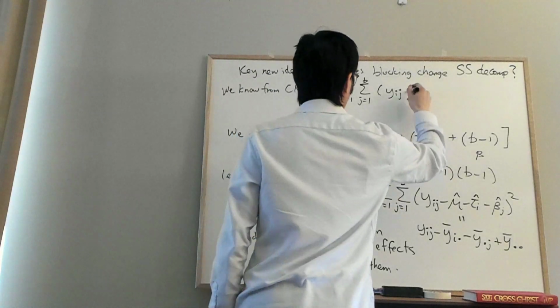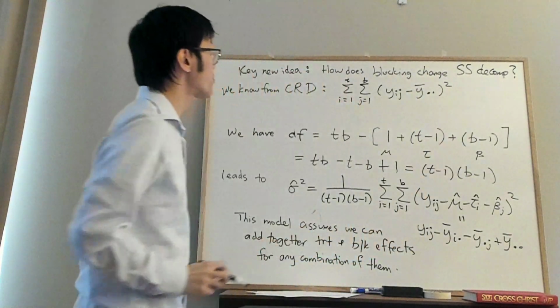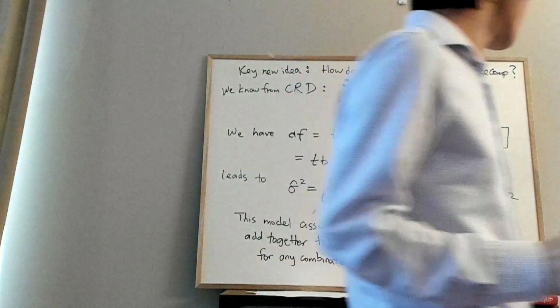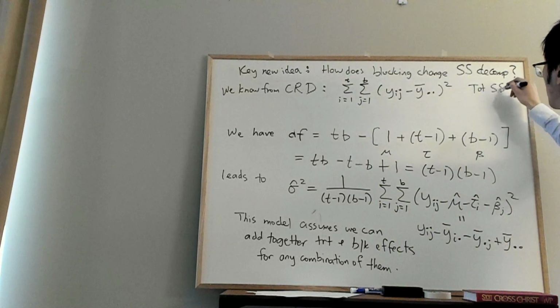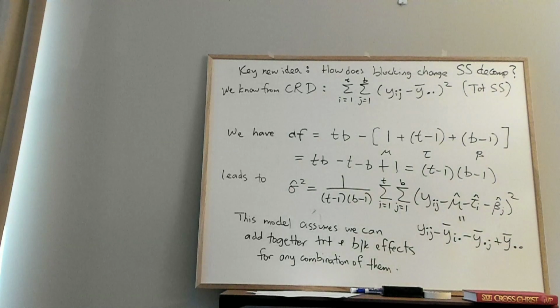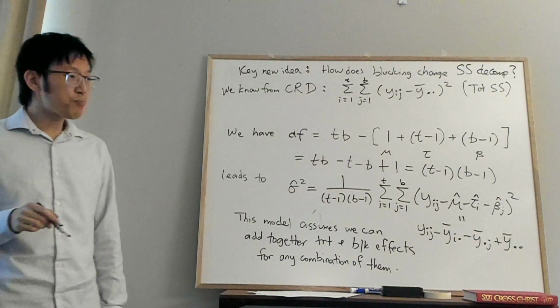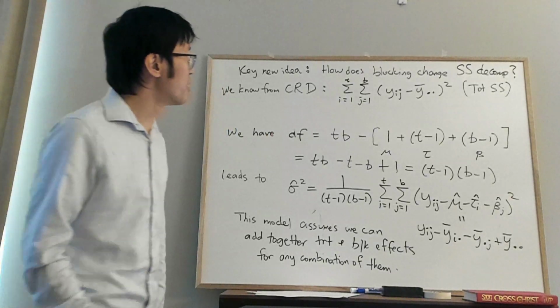Okay, so Yij minus the overall mean, y bar dot. This is also known as the total sum of squares. So let me write that over here. Why is it called the total sum of squares? It's associated with the overall variability in the sample.